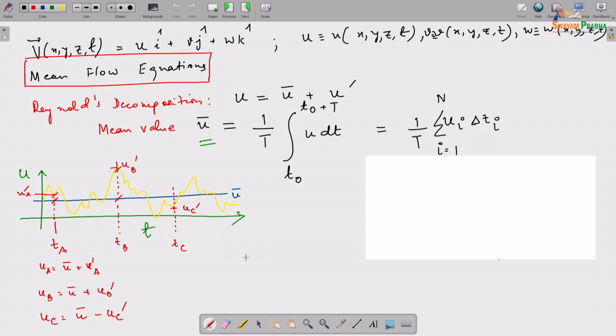So by definition, the mean of this makes sense, because I said that this is the mean value and I am fluctuating above this. If I take the mean of this thing, then it should fall on this black line. This black line is nothing but this mean u bar here. Okay. All right.